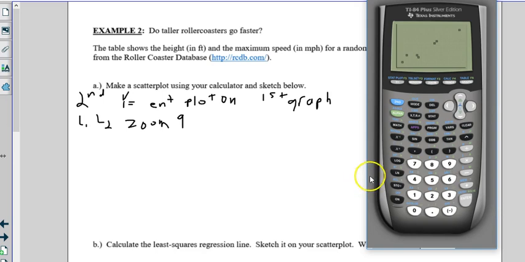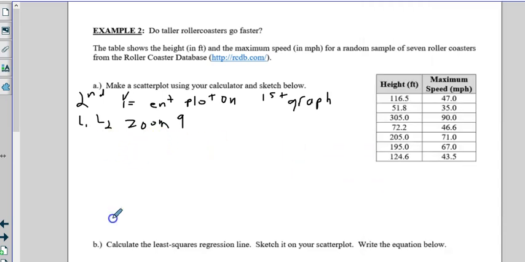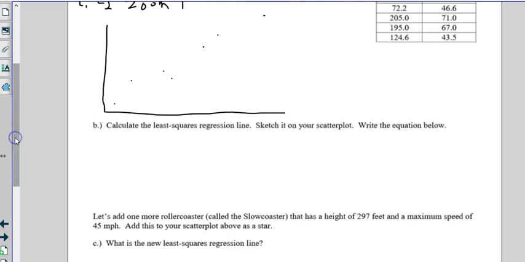And now all you're going to do is roughly trace that. Not going to be specific with numbers, just kind of trace what's on your calculator. Kind of looks like this. Just roughly sketch what you have in your calculator. Now, for number 2, it says calculate the least squares regression line.